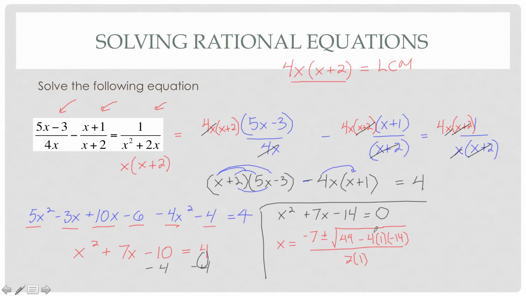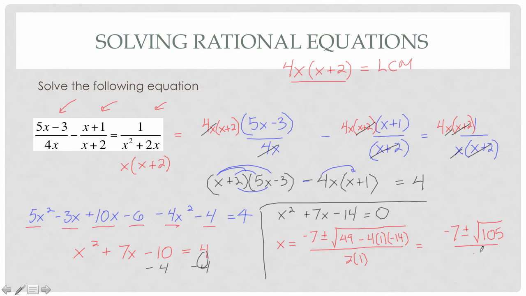Okay, so what is that simplifying there? 4 times 14 is going to be 56. So I've got 49 plus 56. Calculate that out. 105.